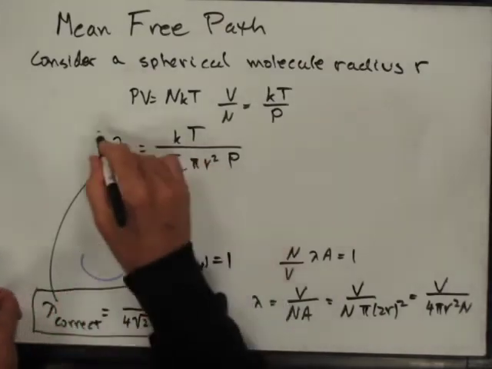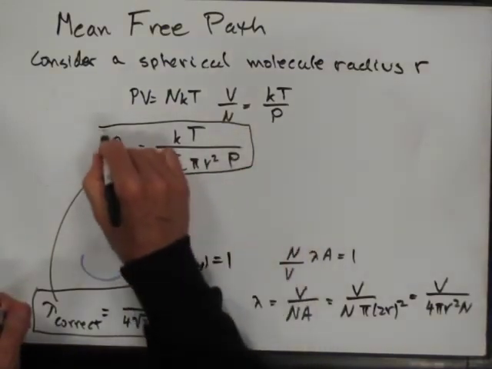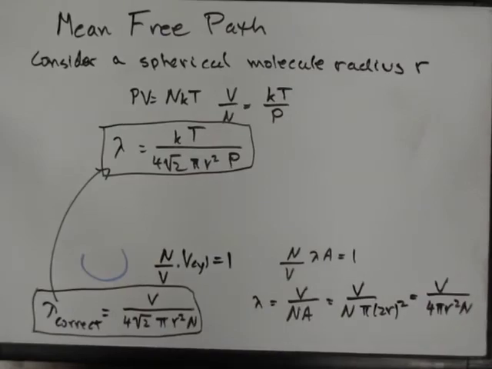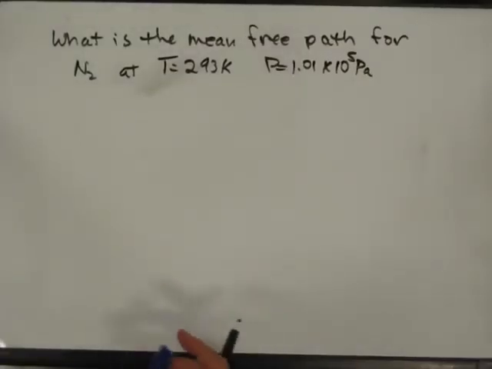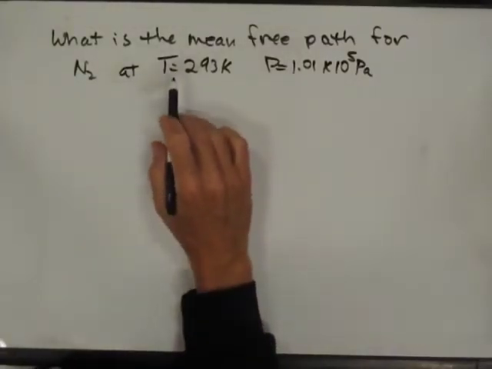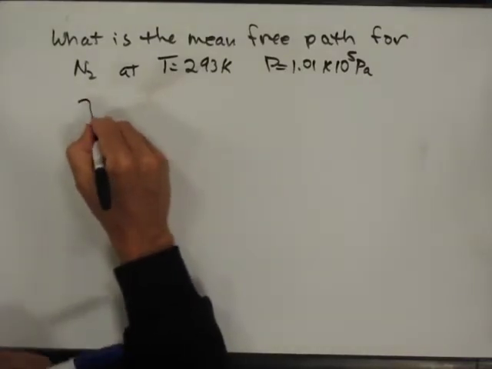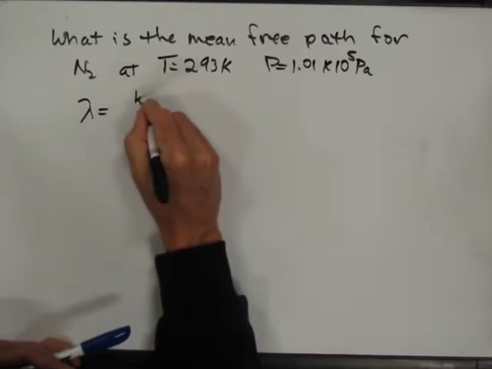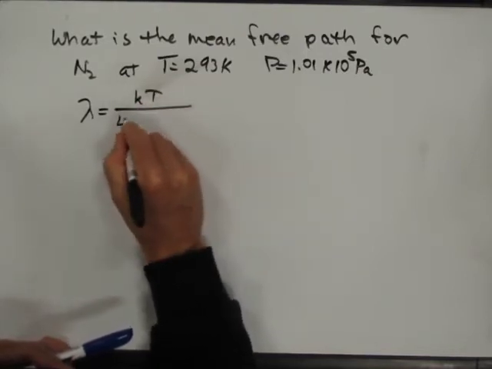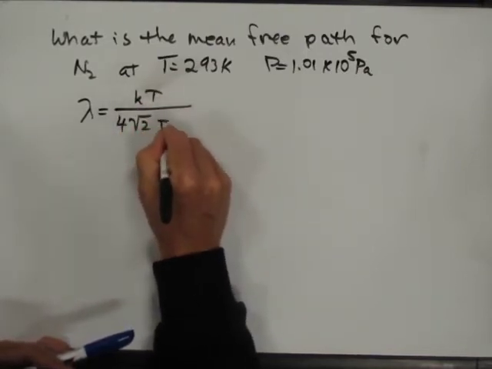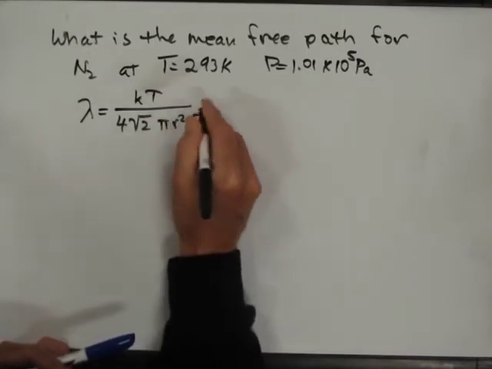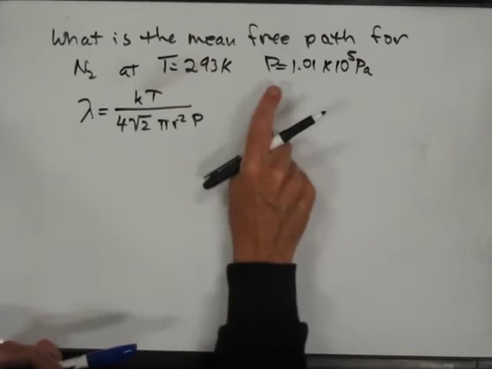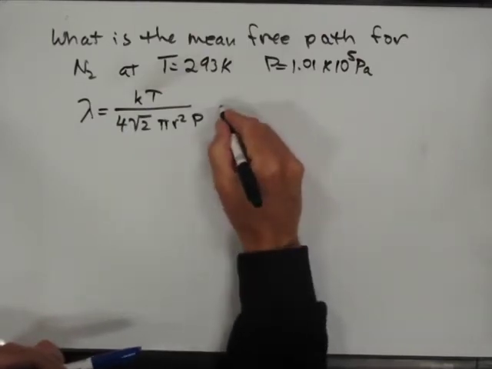And so let me just write this one down here for a second, and we'll do a simple calculation. So we can use this equation, which is the mean free path is equal to kT over 4 times the square root of 2 pi r squared times the pressure, to calculate the mean free path of a nitrogen molecule at room temperature at atmospheric pressure, right?